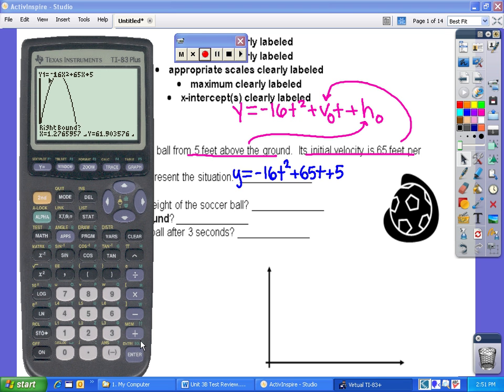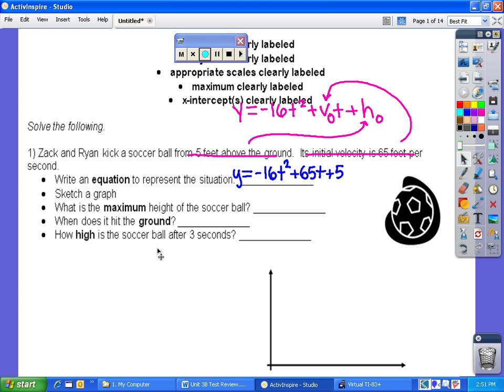Press enter. Then you want to press the right. Press enter, and press enter again for the guess, and that gives us our maximum vertex. So that's 2.031 and 71.015. And you might want to label that as your vertex or your max.